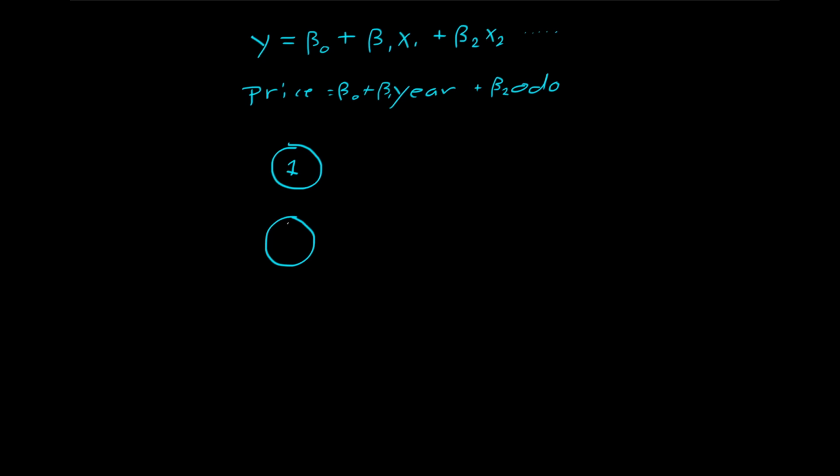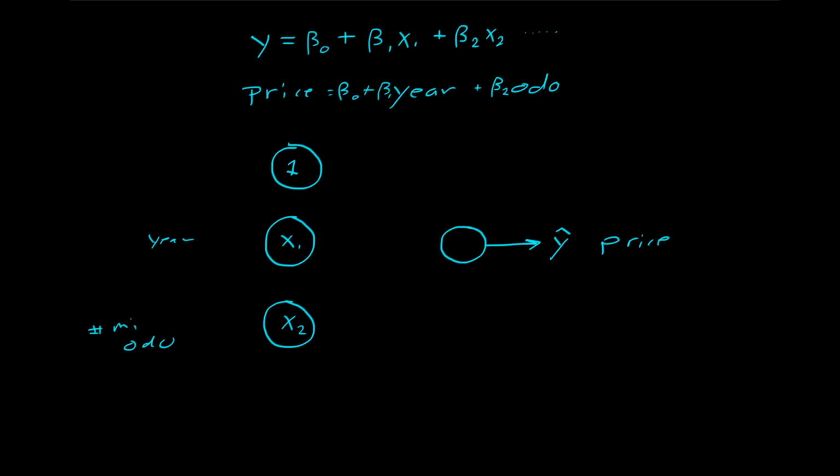The next feature is x1, which is the year, I'll put over here. And then we have another feature, x2, which is the number of miles on the odometer. And then we have an outcome that we're trying to predict. Our mathematical notation would be y hat, and that's just the price.